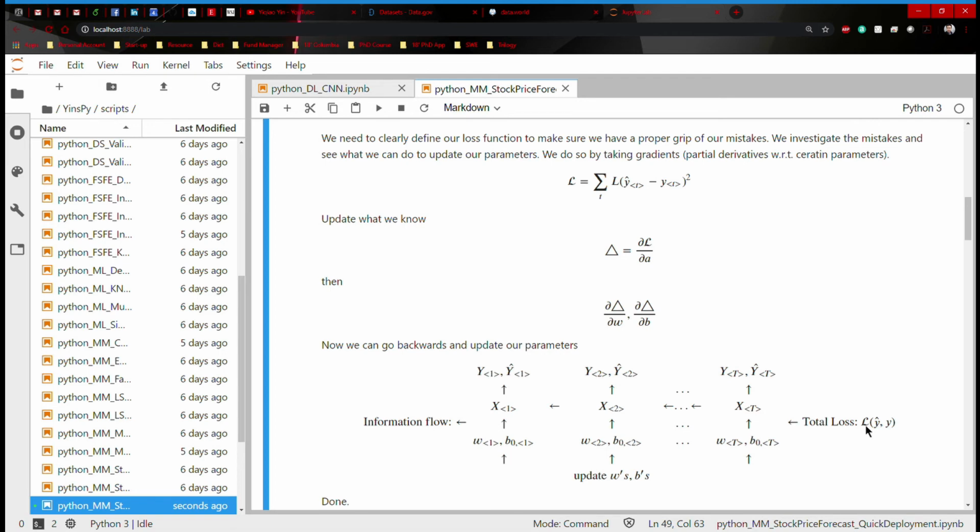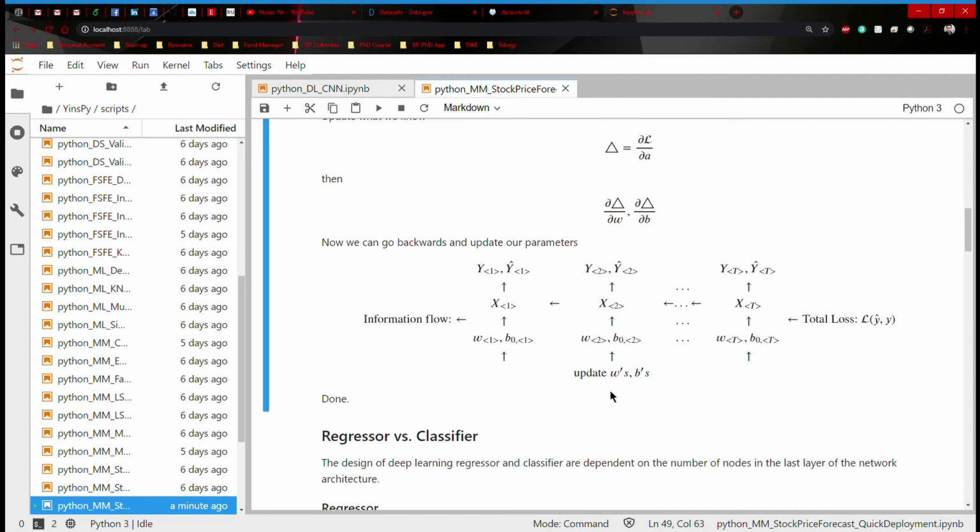So from our loss function calligraphic L, we know what is the gradients, which is defined here, and we know exactly how we can update our weights W and our bias term B. And from right all the way to left, each timestamp t, we update our parameters. And that's how we carried out back propagation through time. So there you go. This wraps up convolutional neural network and recurrent neural network. And both of them are based on forward propagation as well as back propagation.